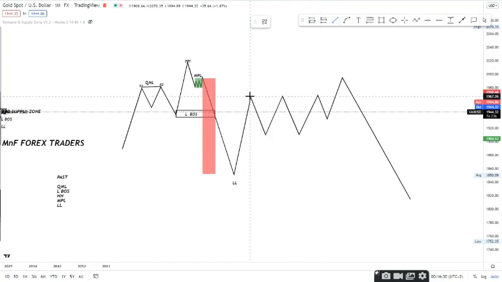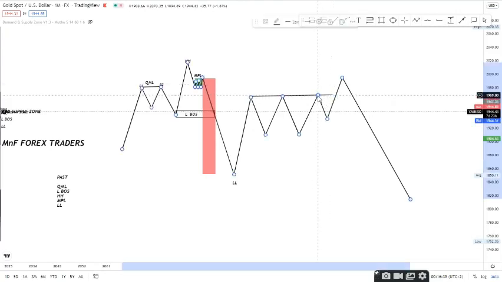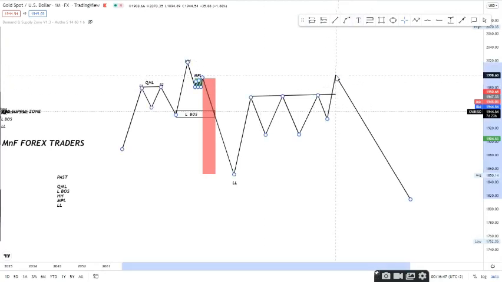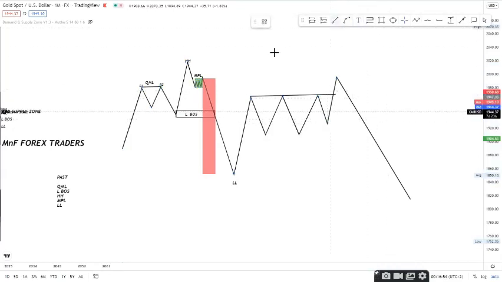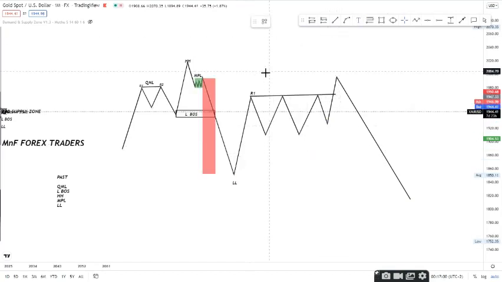At this level here, you can have equal highs, where the market is giving you support, now resistance, resistance, resistance. The market usually has to take that resistance out before it can actually drop. So this here is R1.